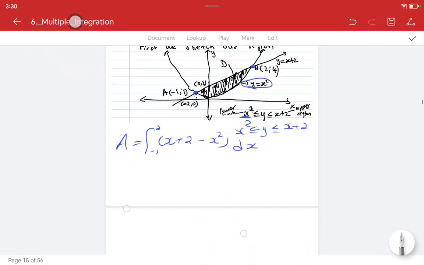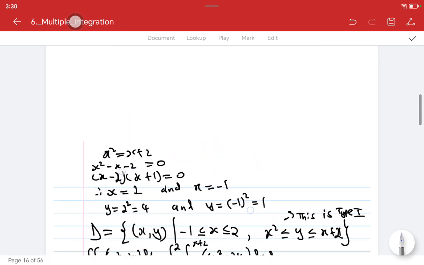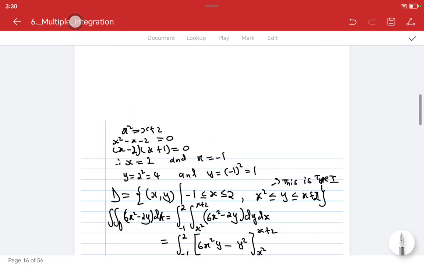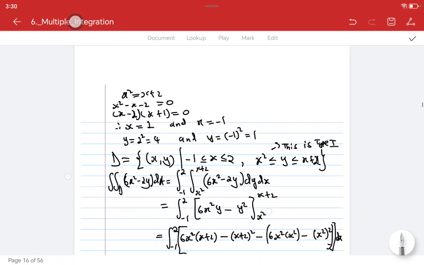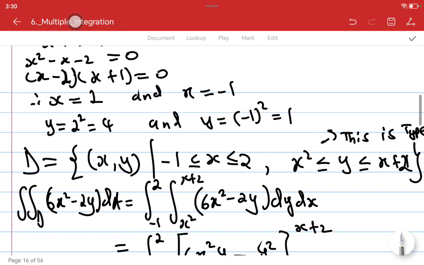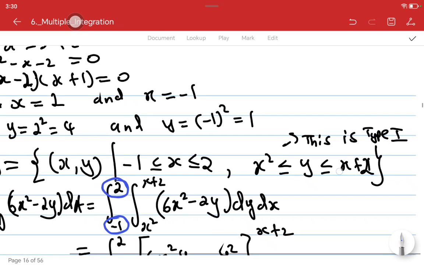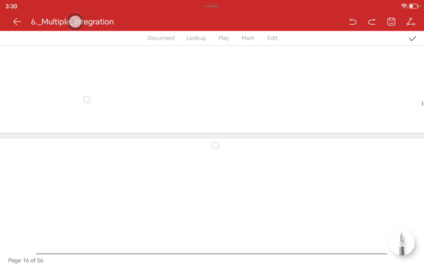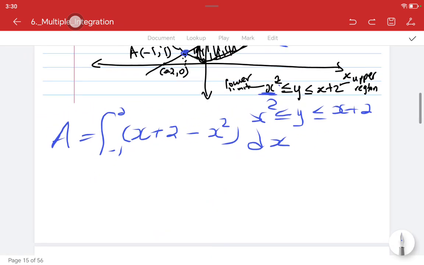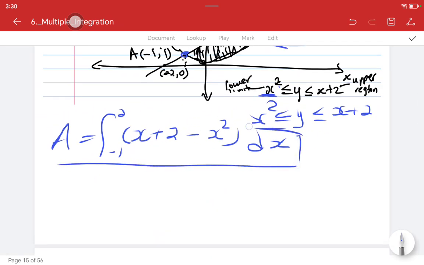That's right. Now if we check, this one I was going to use to be from minus 1 up until 2, and this is x plus 2 minus x squared. So now we know that this is what we learned before, right?